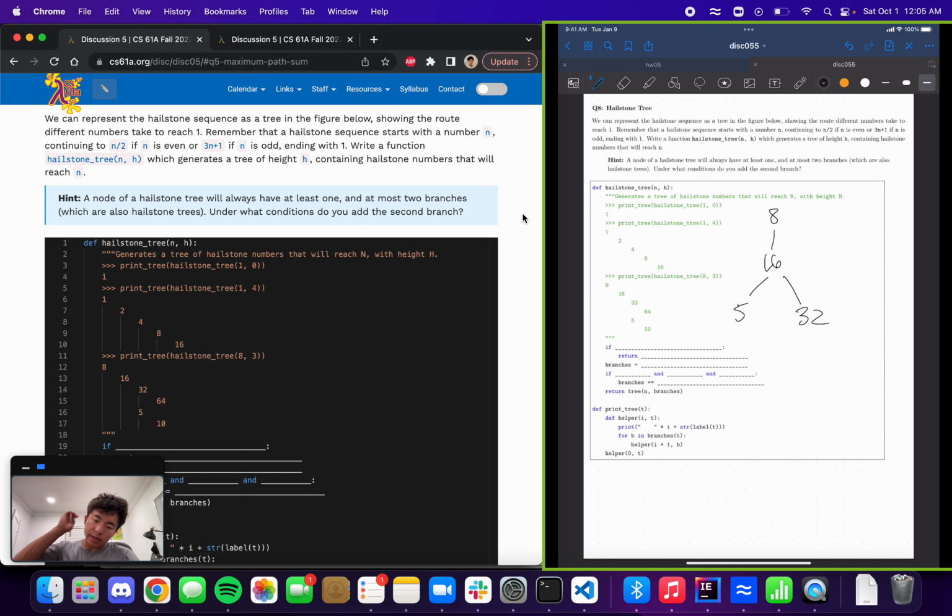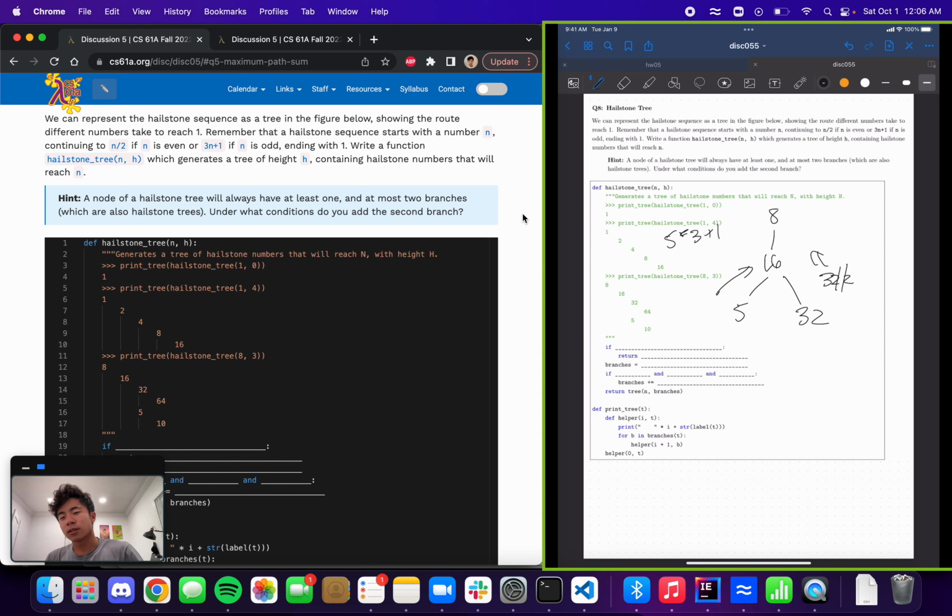Well, the thing to know about the hailstone sequence is that there can be 2 numbers that lead to the same number. In the case of 5, since it's odd, it's 5 times 3 plus 1 going to 16. And in the case of 32, since it's even, 32 divided by 2 goes to 16. So these 2 numbers, 5 and 32, both lead to 16.